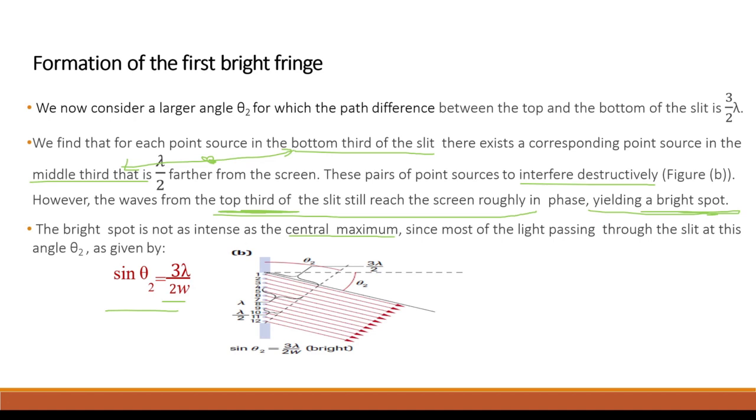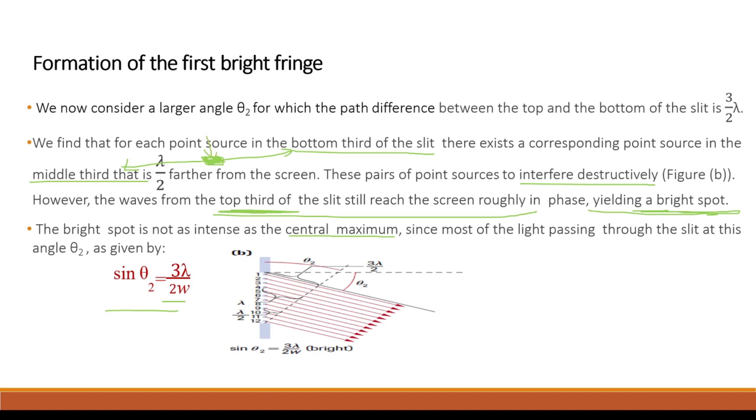Another way of seeing this is that we have these corresponding pairs, but this time we have thirds, and so instead of the destructive interference just ending here, we have a third piece, and when it's added up with this 0, we have enough wave to make a bright spot, as opposed to if we just had this.